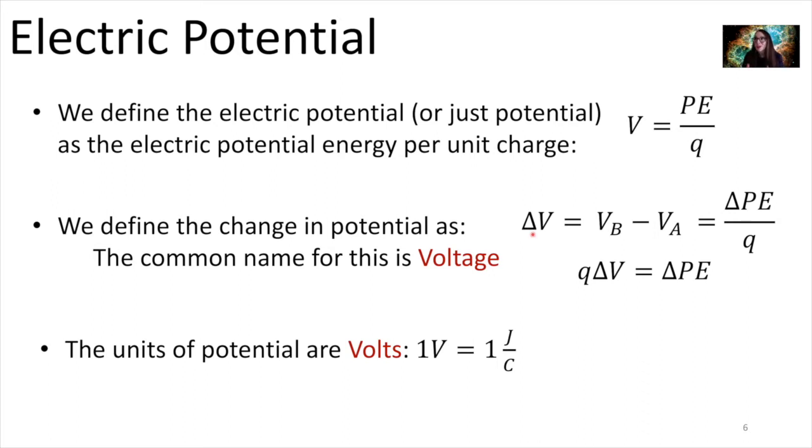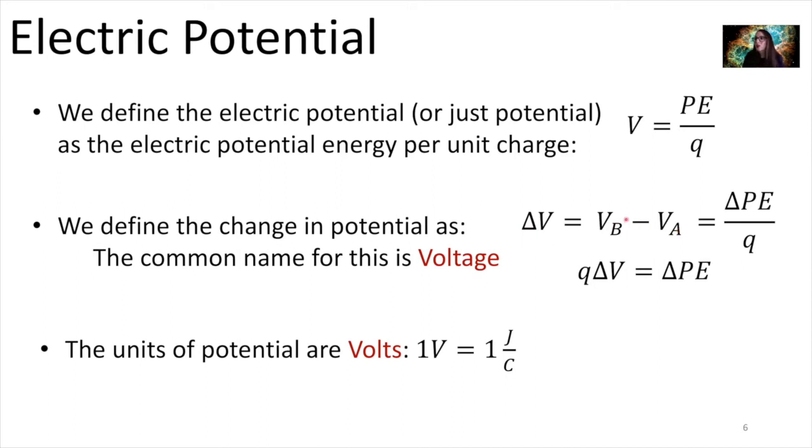For example, that's just one example. But you can have a change in potential across a bunch of different systems, not just a battery. Our change in potential is equal to the potential at point B, which is our final point, minus the potential at A, which was our initial point.